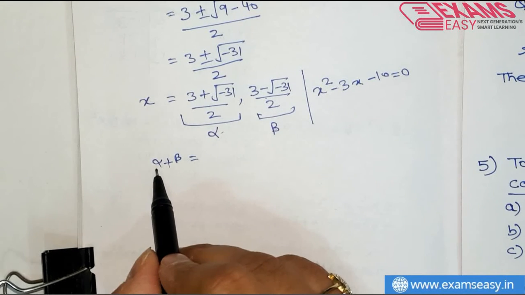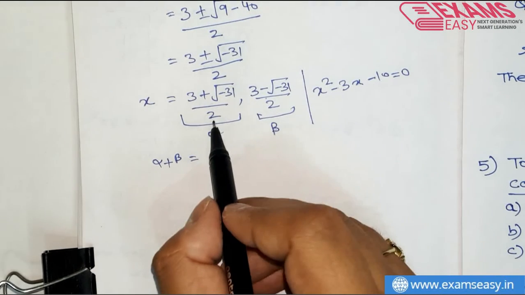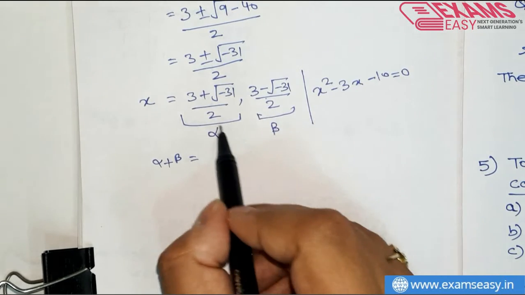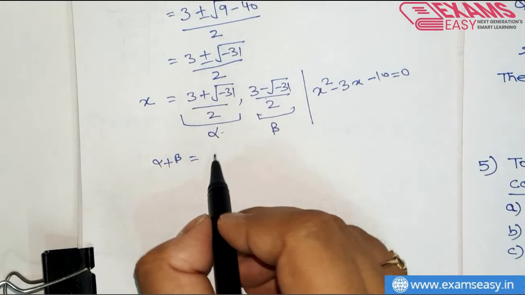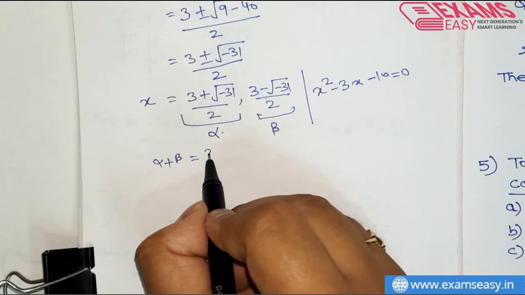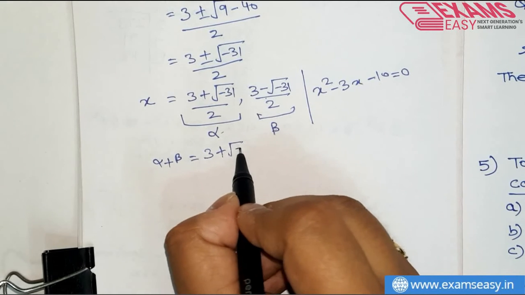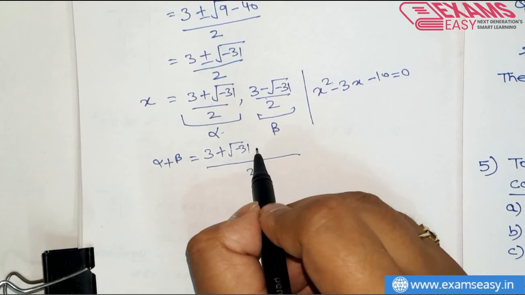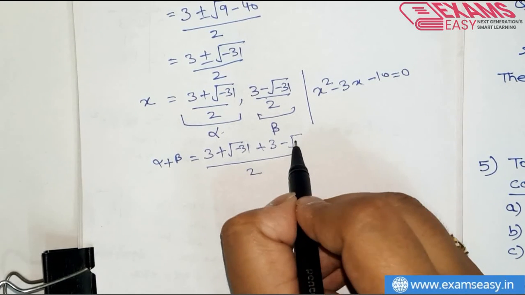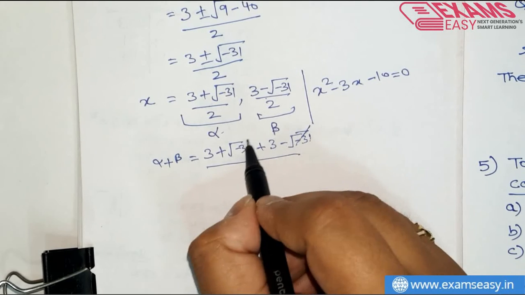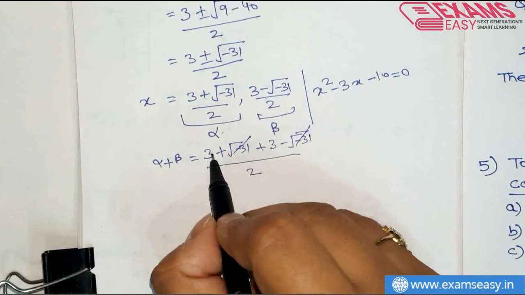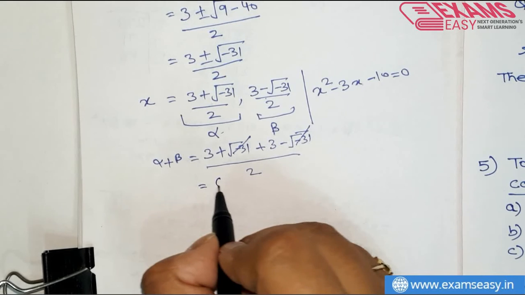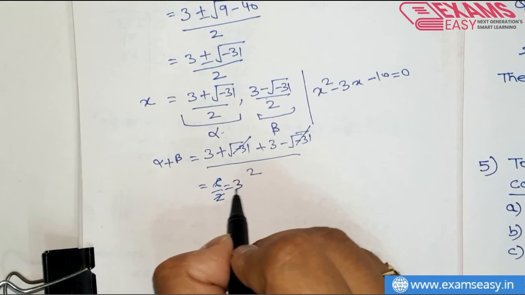If you want to calculate alpha plus beta, then you can sum these two and take the LCM and then calculate it. So let us do it. 3 plus under root minus 31, since 2 is the LCM, plus 3 minus under root minus 31. So this 31 and 31 get cancelled. 3 plus 3 is 6, so 6 by 2 is equal to 3.